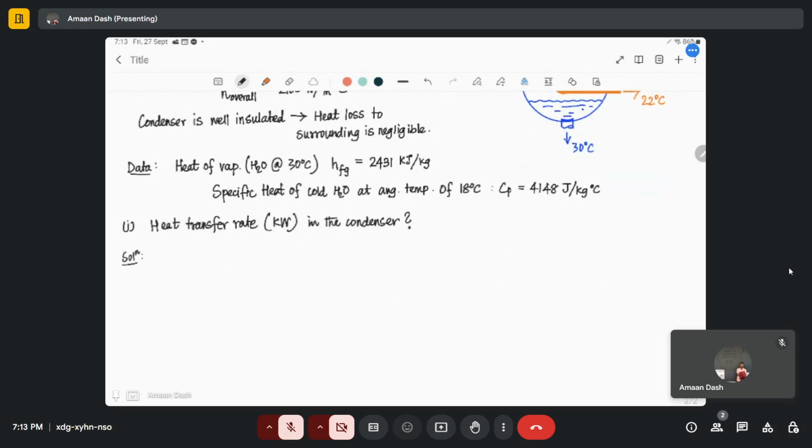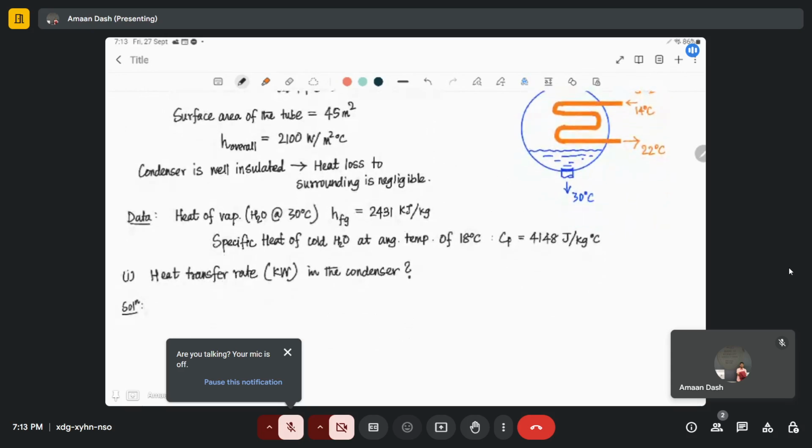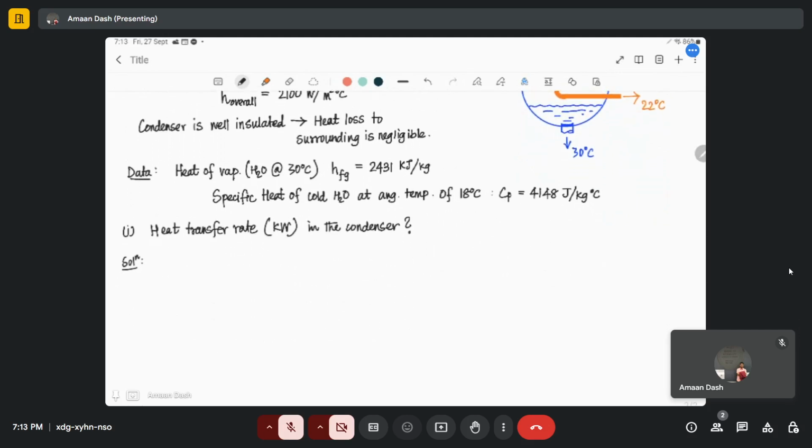So we have two ends of the cooling water. One is at 14 degrees Celsius and one is at 22 degrees Celsius. So the temperature difference between the steam and the cooling water at both ends we can write.